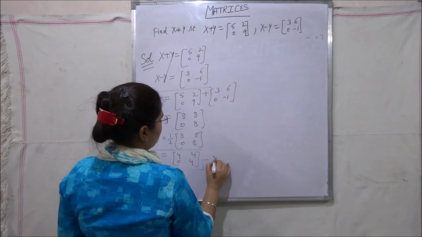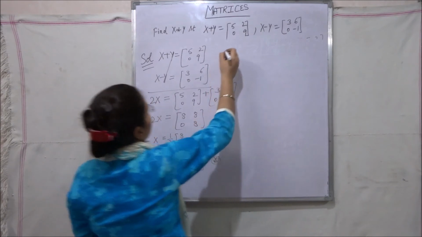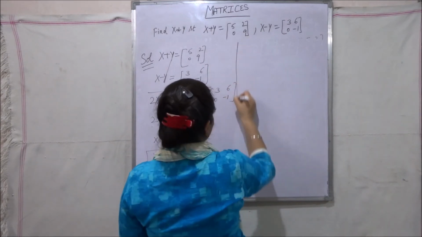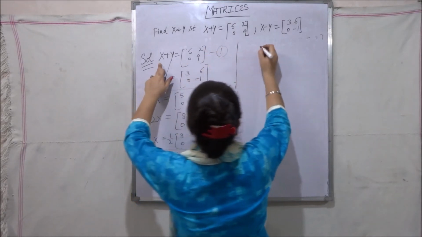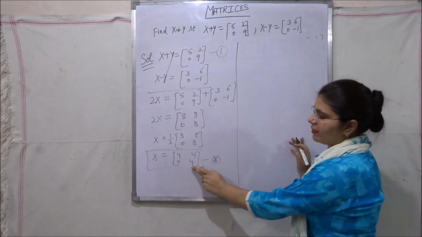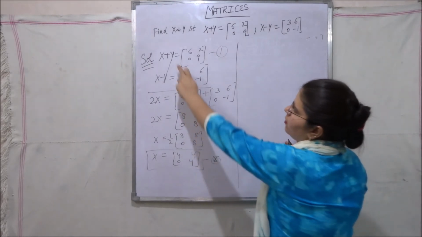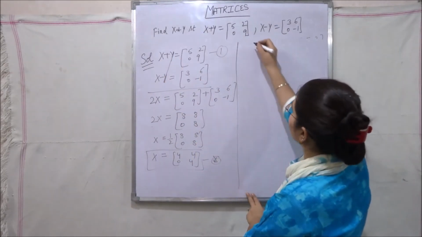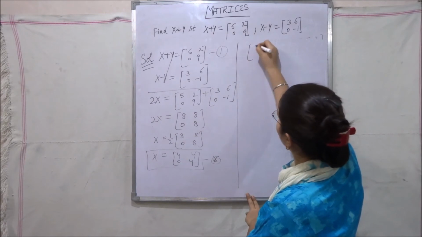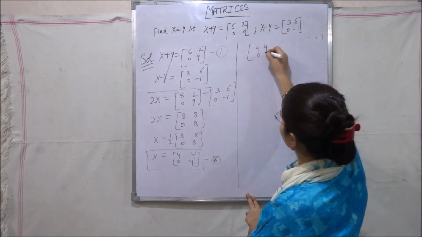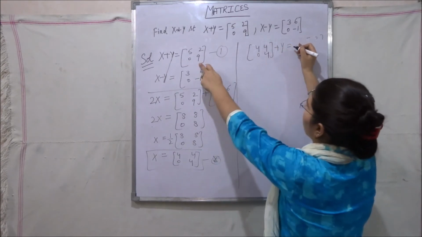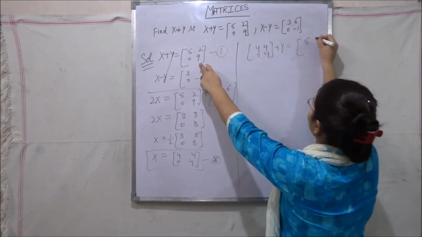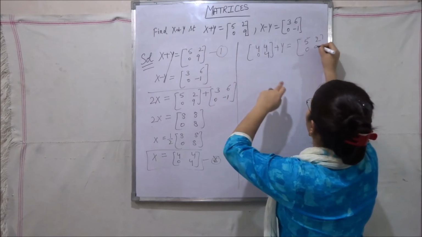Now put the value of X from equation star in equation 1. So our value of matrix X is put in this equation: 4, 4, 0, 4 plus Y equal to matrix 5, 2, 0, 9.